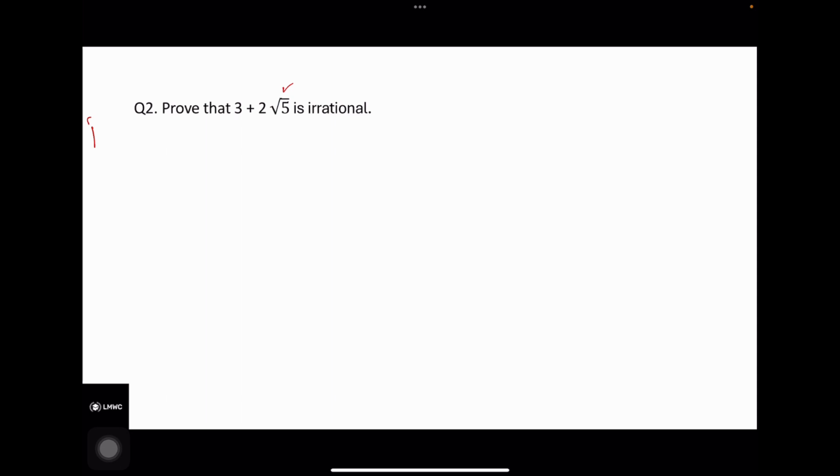So again, always the contradiction method, but it will be a little different from the previous one. Let 3 plus 2 root 5 be rational. Using the definition, 3 plus 2 root 5 we can write as a by b, where a and b are integers and b is not equal to 0.